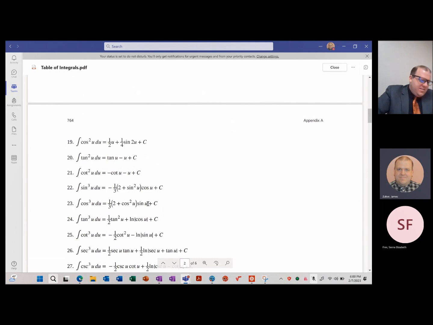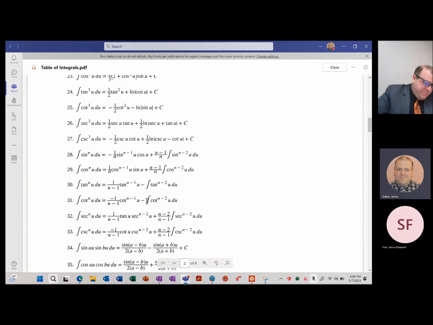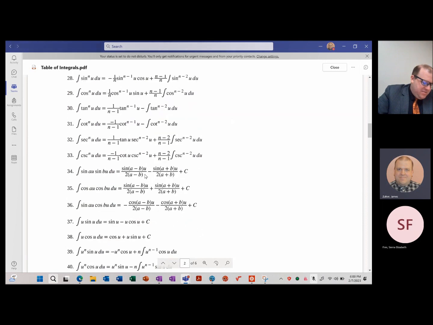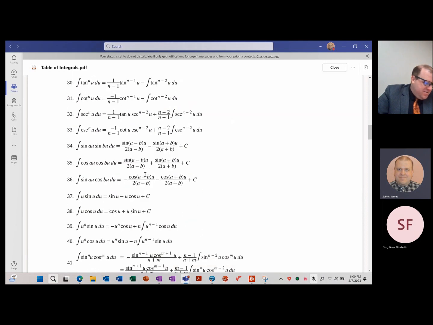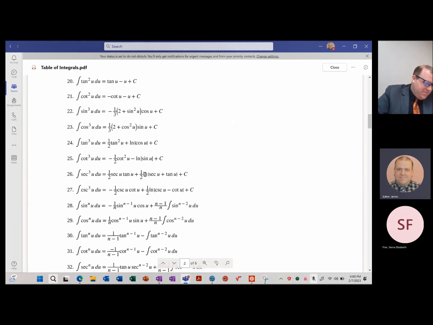What was the problem? Sine cubed of 2x times cosine of 2x. Did we see it yet? Not even close. Doesn't have a cosine.